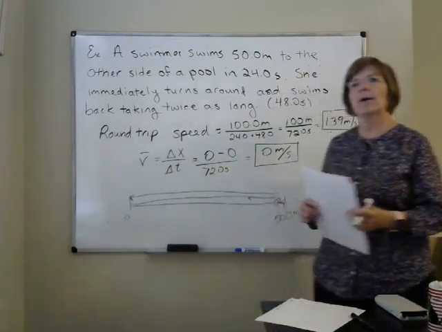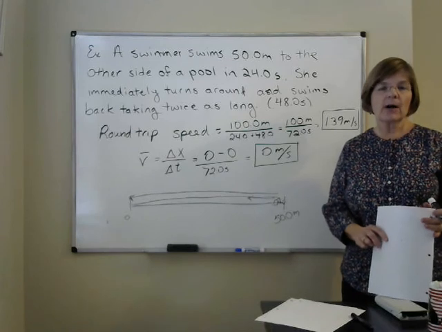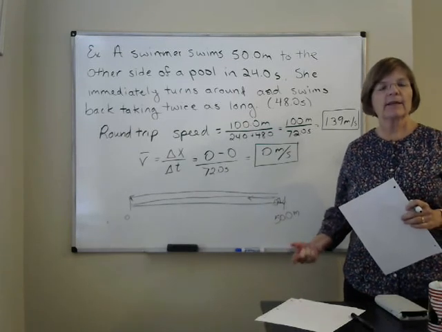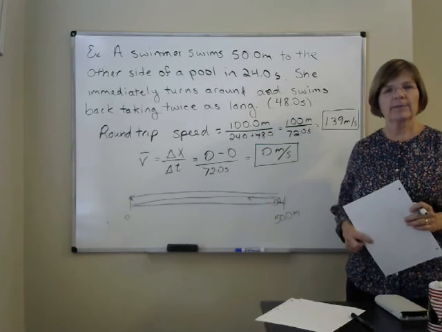Now, there's two graphs we use a lot when we're in physics. One is a position time graph. The other is a velocity time graph. And I say we use them a lot.